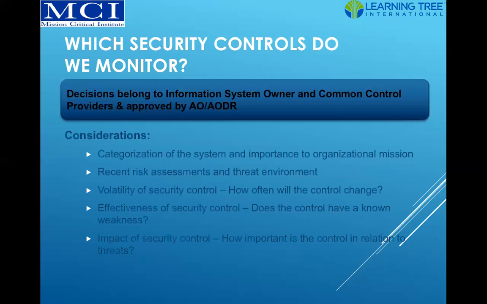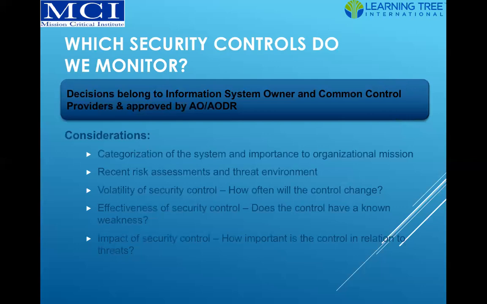Now we're going to talk about control effectiveness. Which security controls do we monitor? Decisions belong to information system owners and common control providers and are approved by the AO or the AODR. AO is the approval authority or the approval authority designated representative.